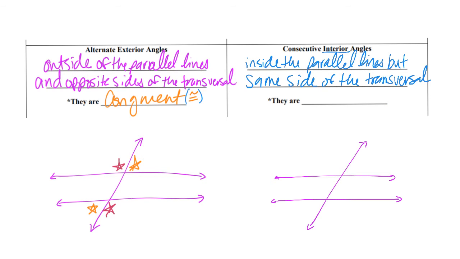So it's going to be inside the parallel lines, but on the same side of the transversal. So here and here. It has to be inside, but on the same side of that line. So the blue stars and these orange stars are not congruent, I'm sorry. They're consecutive interior angles, and they are supplementary, which means they add up to 180. Put that in parentheses. Means they make a straight line when they're put together.